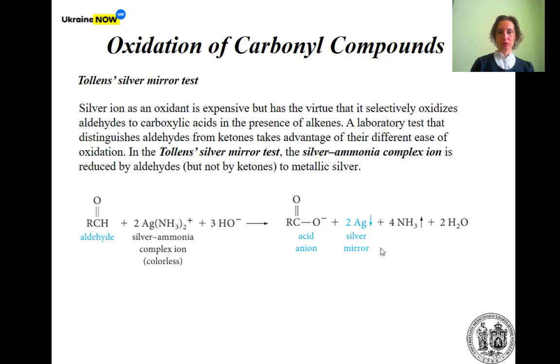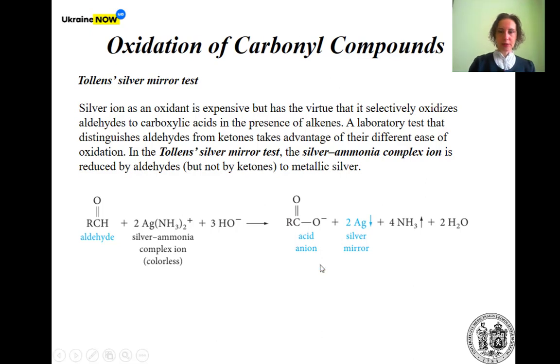As usual, glucose was used because this compound is the same heterofunctional. It has an aldehyde group. But nowadays it's not used because of the expense of silver, and because this reagent is explosive. This test is true only for aldehydes. Ketones don't give this test.